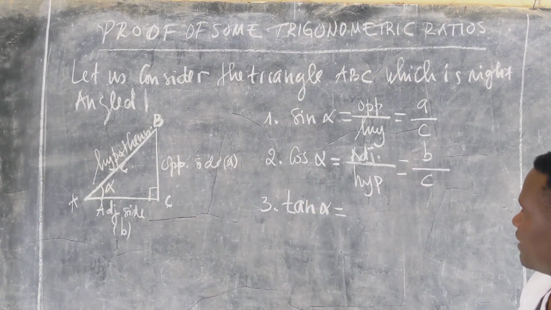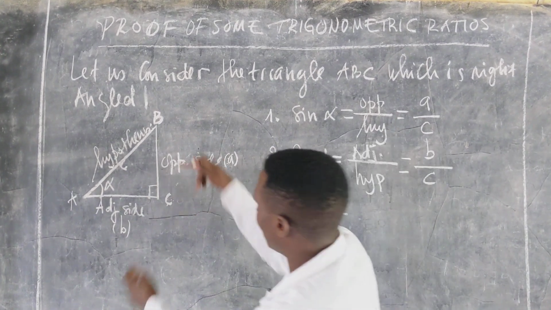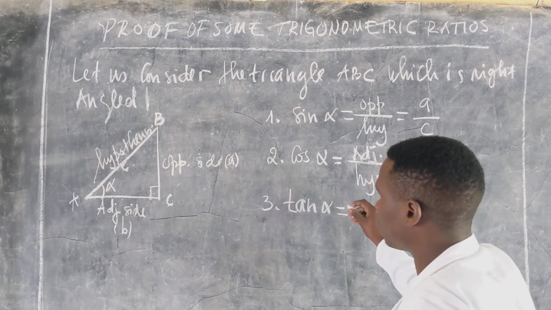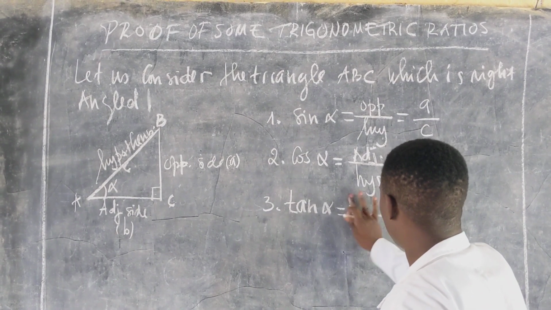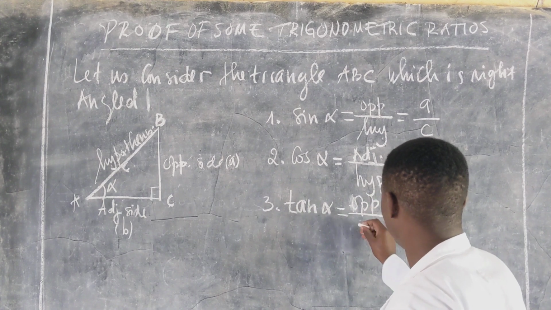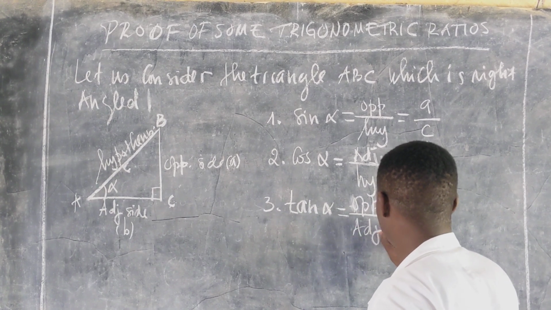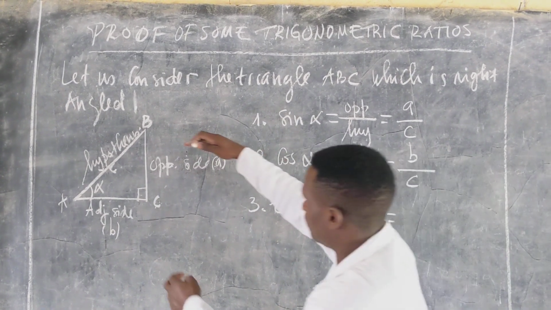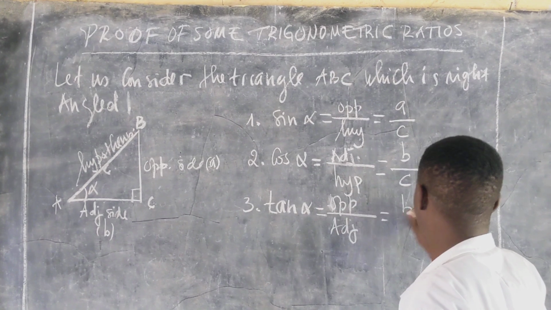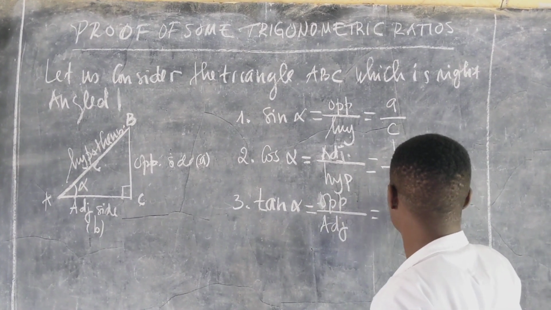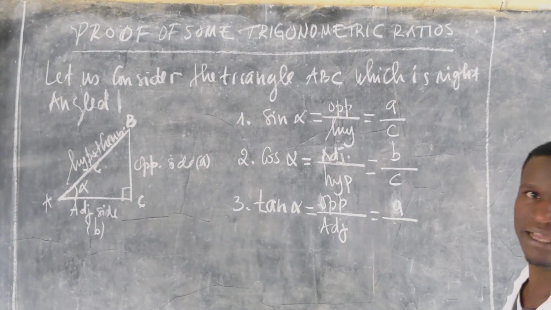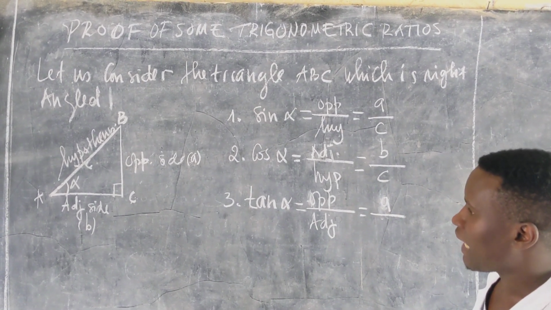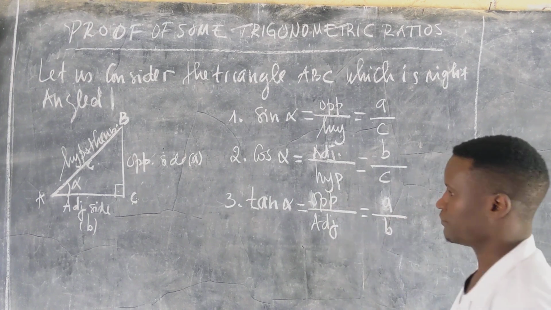So tan alpha is equal to the opposite side divided by the adjacent side, and will be equal to the length of BC divided by the adjacent b.